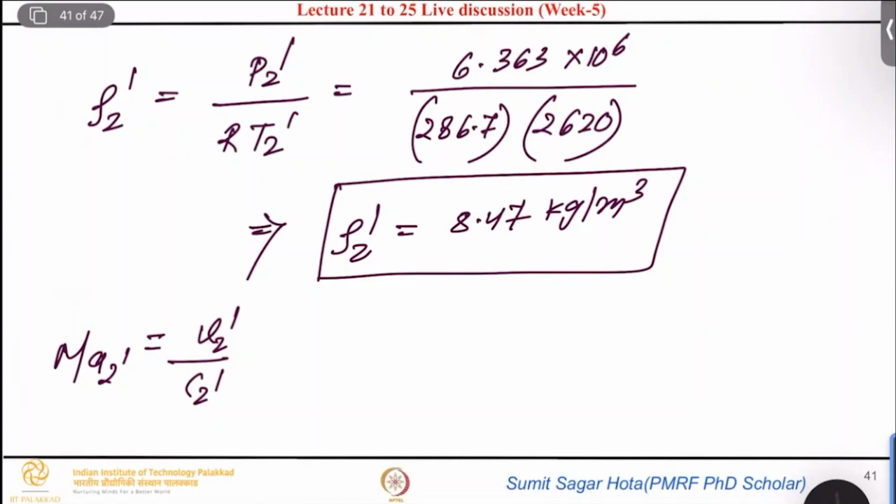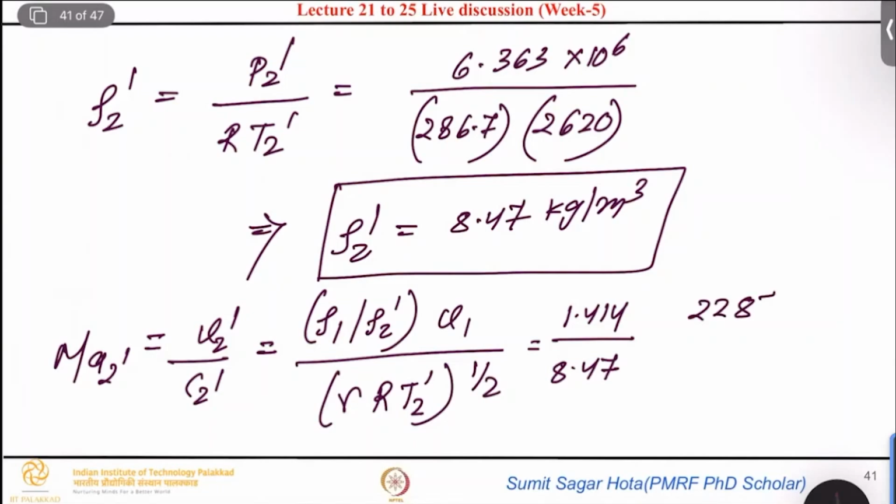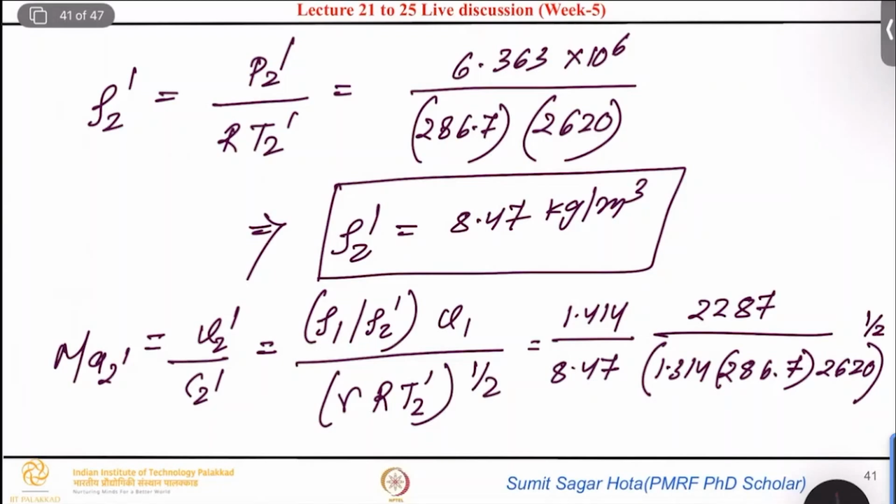It is V2 dash by C2 dash, which is 1.414 divided by 8.47 times 2287, divided by 1.314 times 286.7 times 2620, to the power 1 by 2. What is this Mach number 2 dash? 0.38.